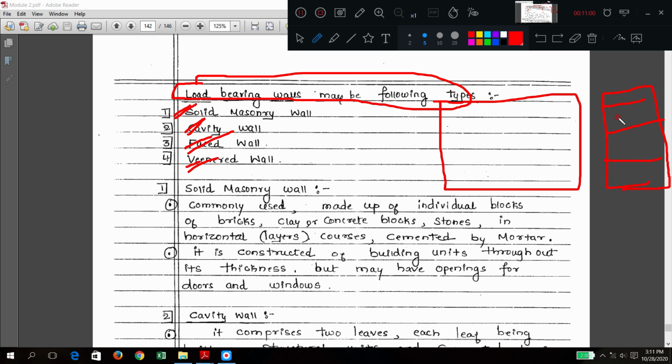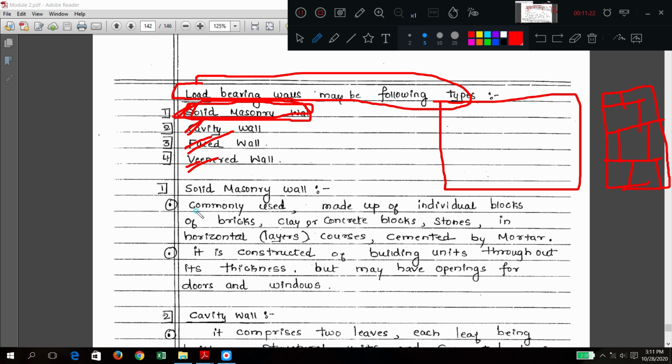There are no empty spaces here. The total wall itself is made up of units. Units may be bricks or stones. Whatever the thickness you are providing, you are providing full solid masonry units. There are no hollow spaces. So those are called solid masonry walls, no empty space.